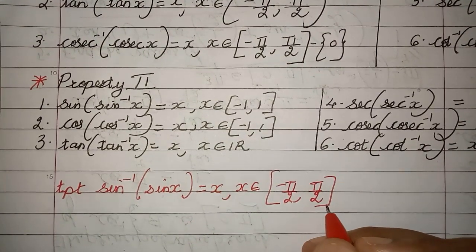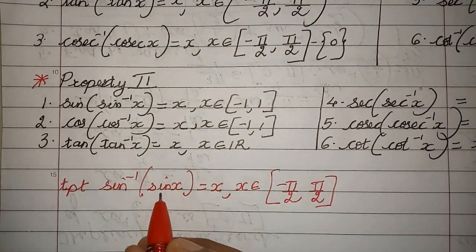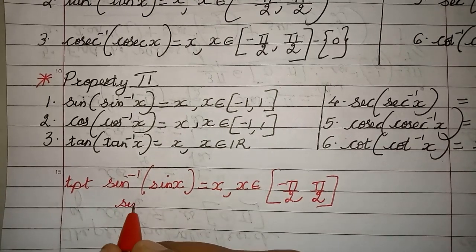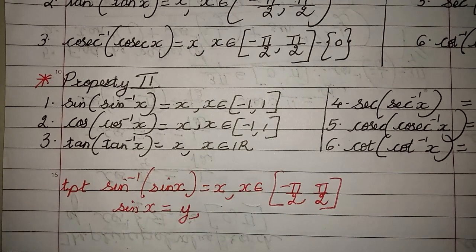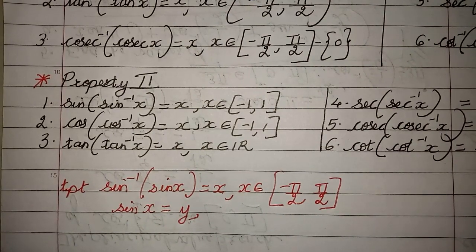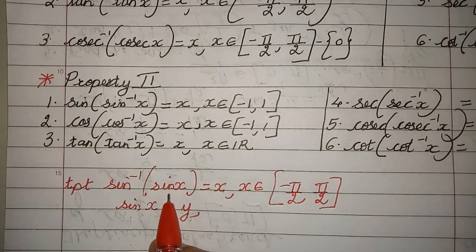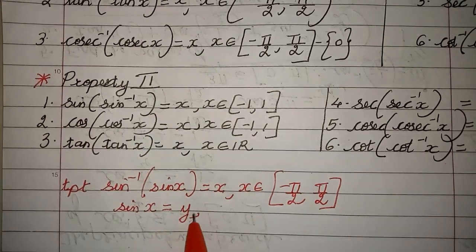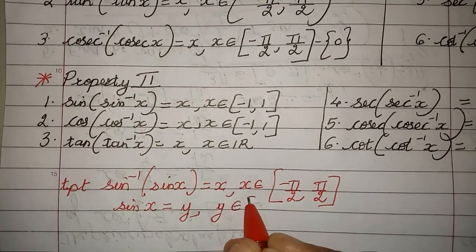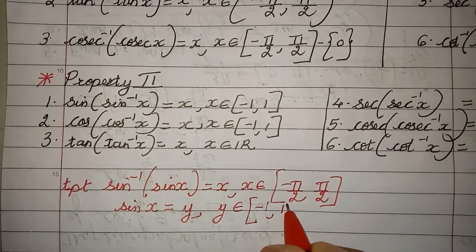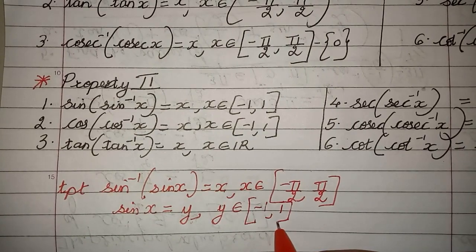Now I am going to define this sin x as y. If sin x is y, then we have already seen that in the graph of sin x, the maximum value was 1 and the minimum value was minus 1. So y will belong to the closed interval minus 1 to 1. This we have already seen, right?